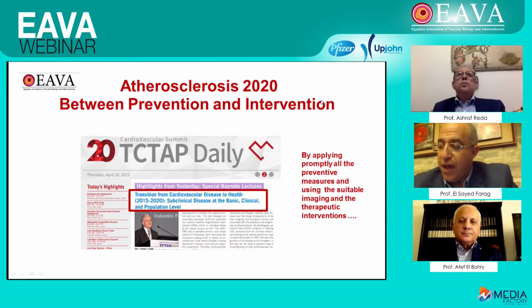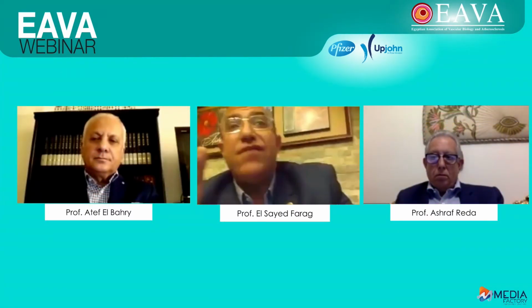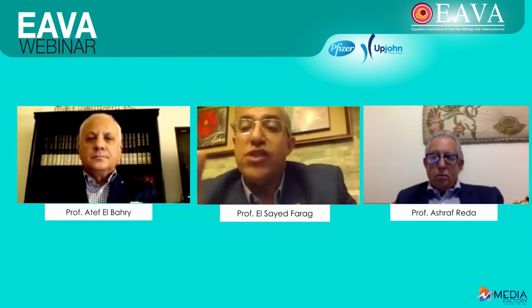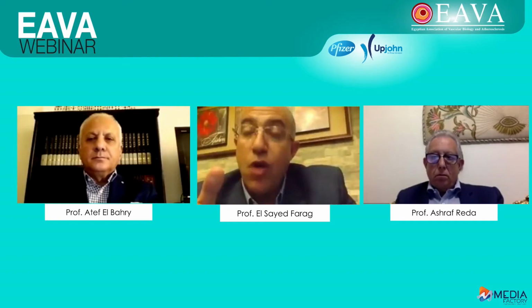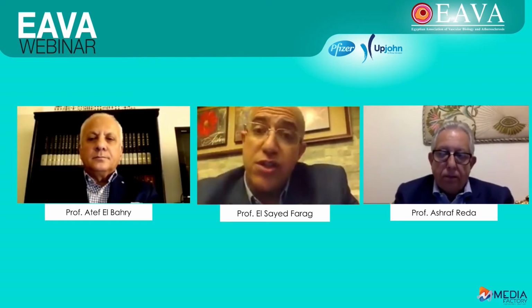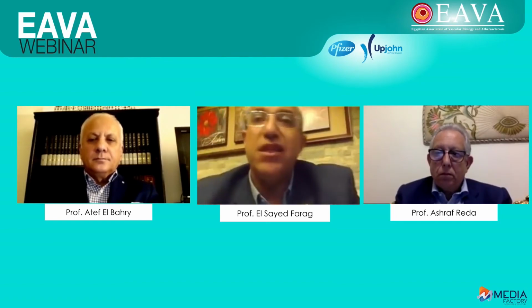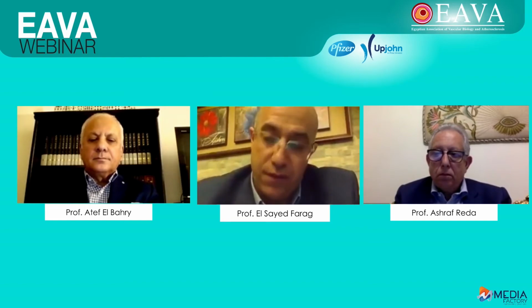This is a very important question. As I mentioned in my presentation, we have a sector of patients who are lying in the blind spot. The blind spot is those asymptomatic patients who have low or moderate risk. Those patients may pass their way without any medical or preventive intervention.